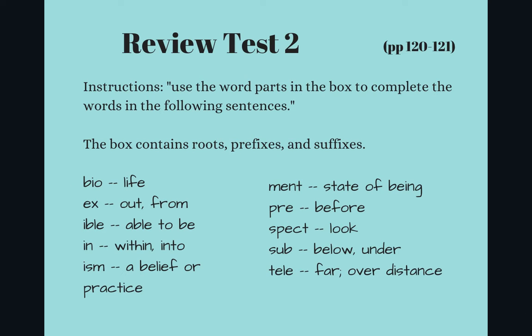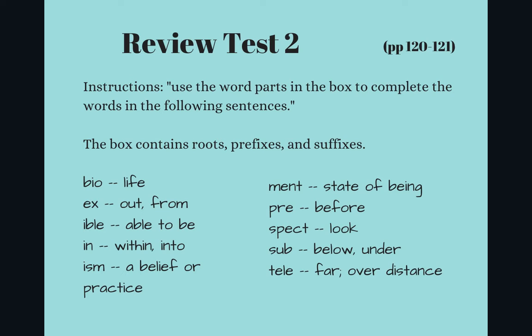Let's go ahead and look at review test 2. This is on pages 120 to 121. The instructions are to use the word parts in the box to complete the words in the following sentences. And the box contains roots, prefixes, and suffixes. So it's kind of looking at the whole chapter, right?